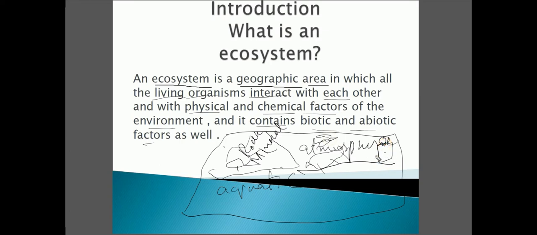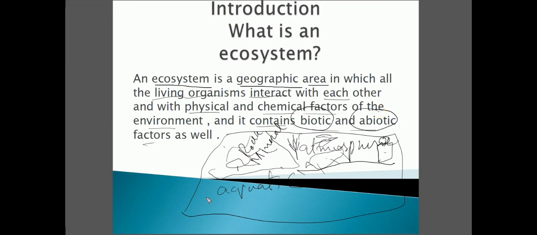Then these organisms may also interact with each other, even the plants and forest. These organisms are interacting with each other, and the other factors could be both biotic and abiotic. Both are very necessary.